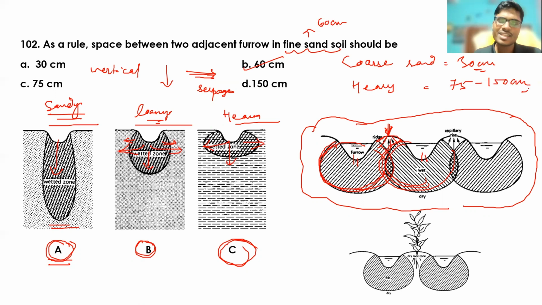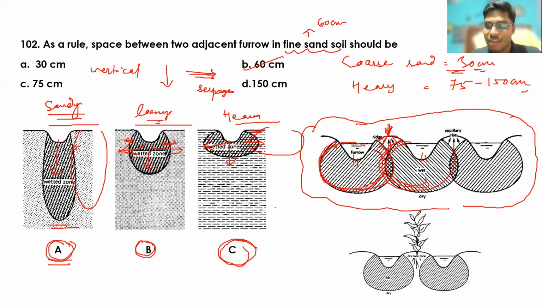The reason is simple, because in case of coarse sand, the lateral flow is very less, so we should have closer spacing. In case of fine sand, somewhat lateral movement is there, but in case of heavy soil, the lateral movement is higher. That's why we can have a larger furrow spacing.